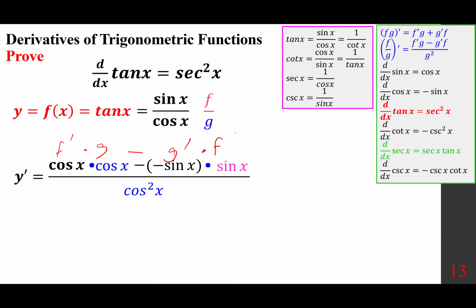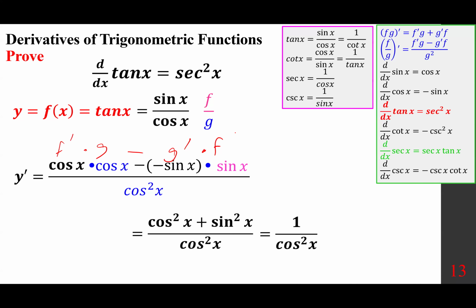As you can see, the top is cosine squared plus sine squared, which adds up to 1. If 1 over cosine is secant x, then 1 over cosine squared must be secant squared.